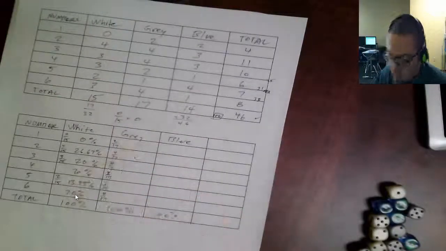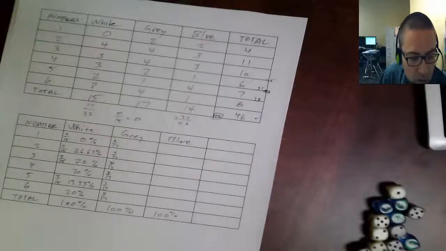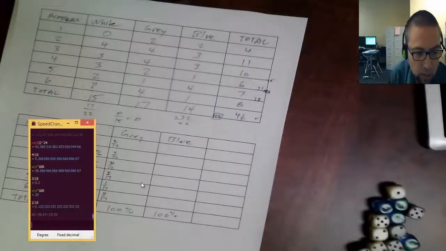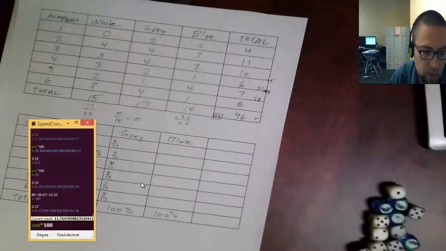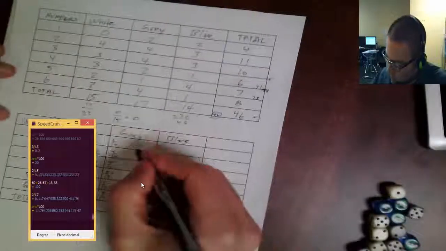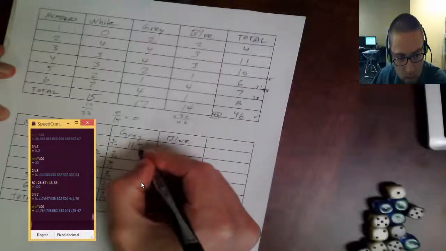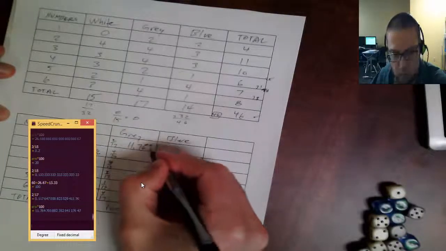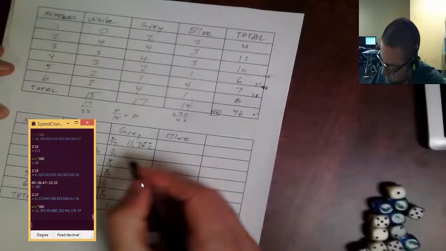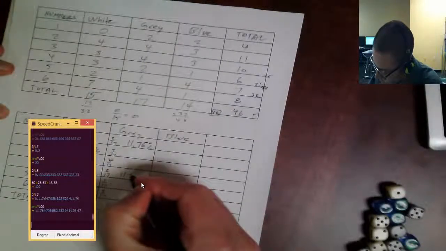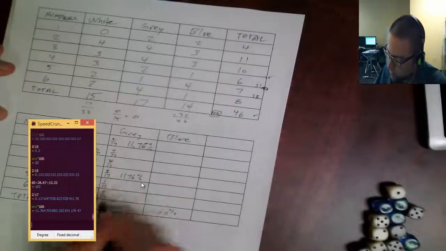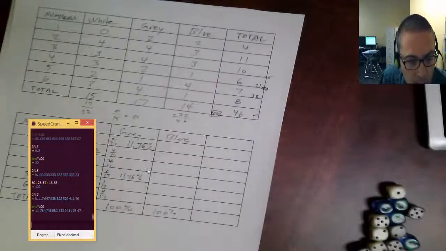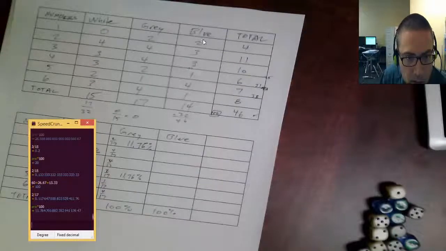So I would divide those, multiply by 100, and it would give me a percentage. I'll just do a couple more. 2 divided by 17 times 100 is 11.76, which would also be this one, and 1 out of 17 would be half that. But anyway, that's how you go about doing it.